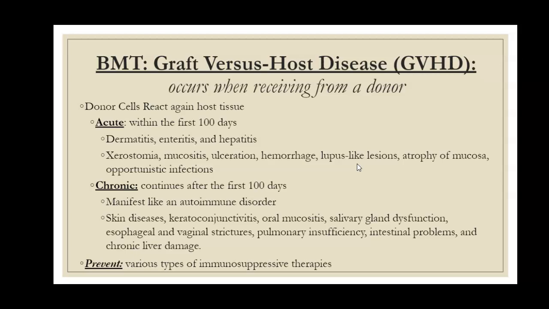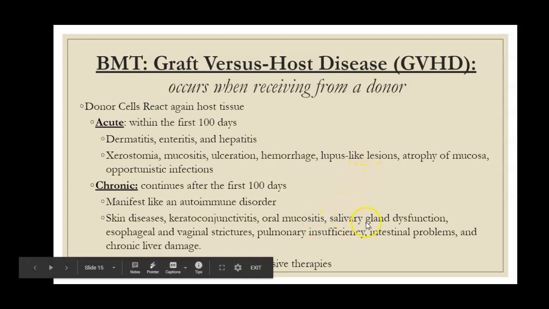And then chronic would be something that continues after the first 100 days. So this manifests more like an autoimmune disorder. The skin diseases, and oral mucositis, salivary gland dysfunction, esophageal and vaginal strictures, pulmonary insufficiencies, intestinal problems, and chronic liver damage.